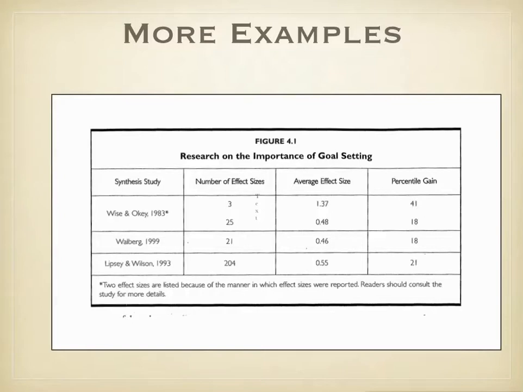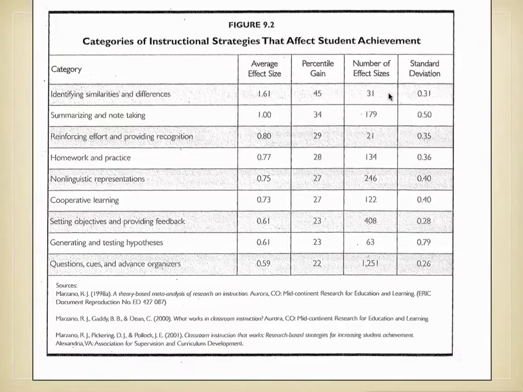Other researchers have come up with other studies that come up with different effect sizes. And you can see those listed here. In educational research, it's not unusual for one researcher to have a completely different result than others. So what Marzano does is he goes back and takes a number of effect sizes.